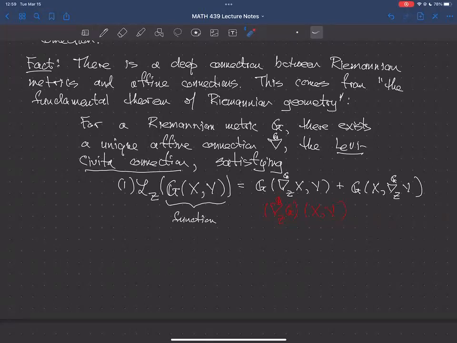So the way to read condition 1 is that the derivative of g with respect to the affine connection nabla G is 0.